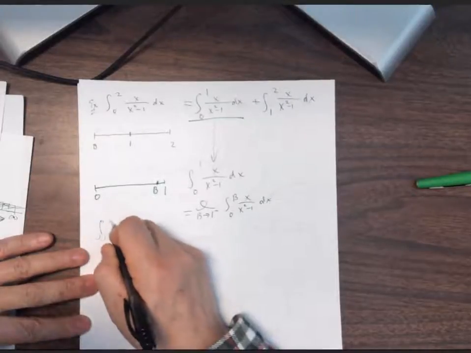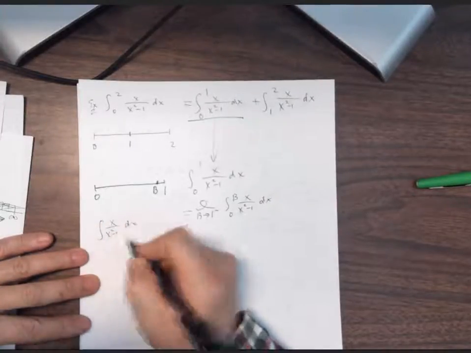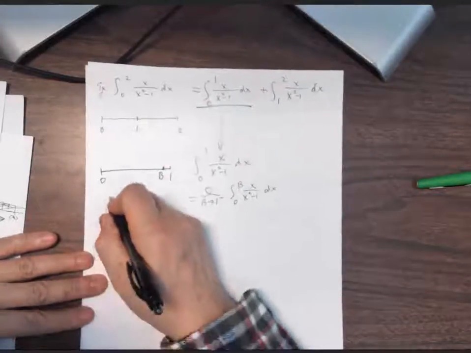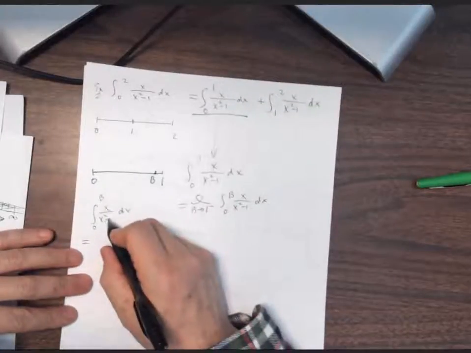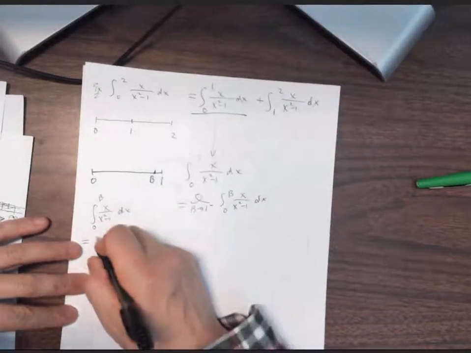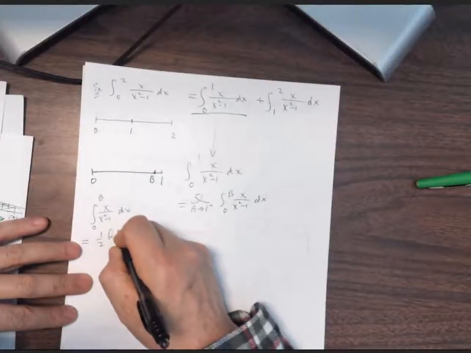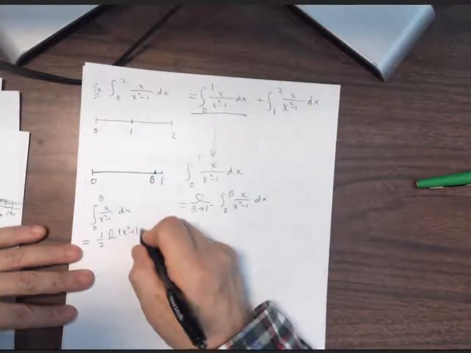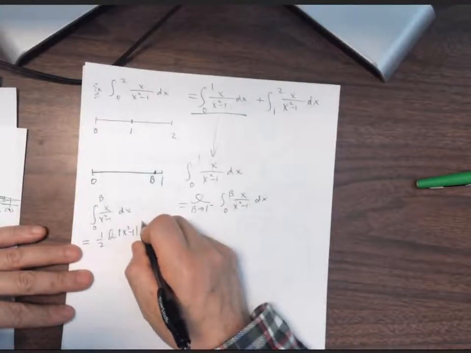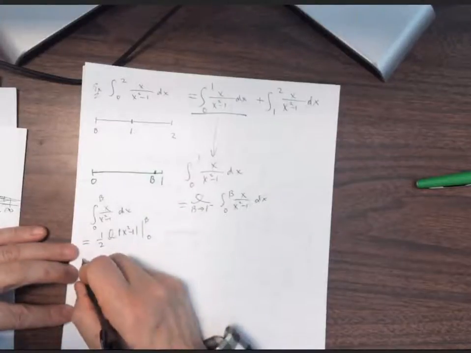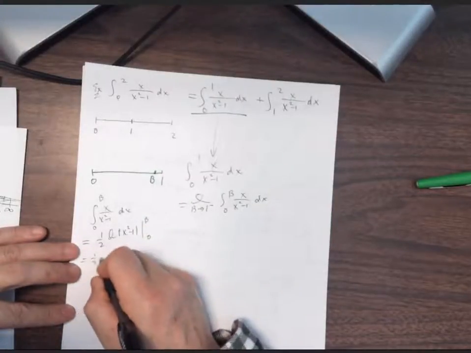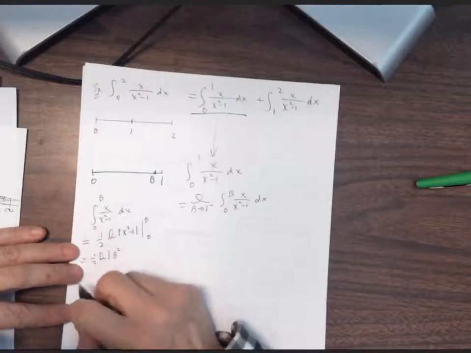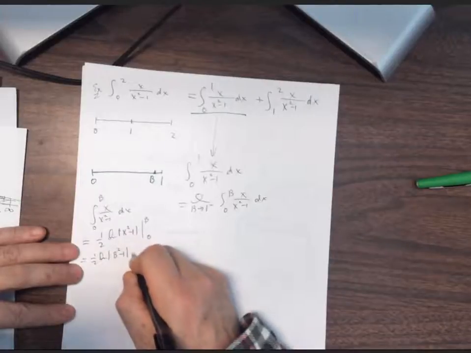Okay, do the integration. Integration is pretty simple. I'm going to just get the answer with a simple substitution, u equal to x squared minus 1. It's going to be 1/2 log of the absolute value of x squared minus 1, with the b and 0 plugged in. So b plugged in is 1/2 log of b squared minus 1.